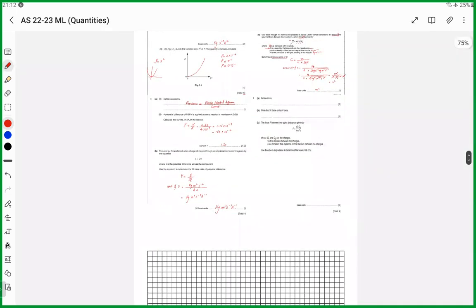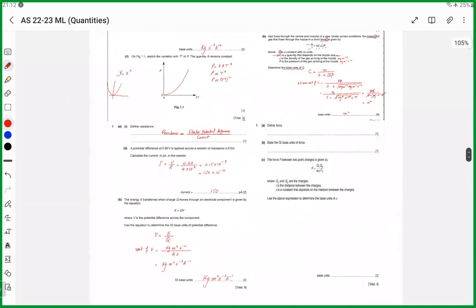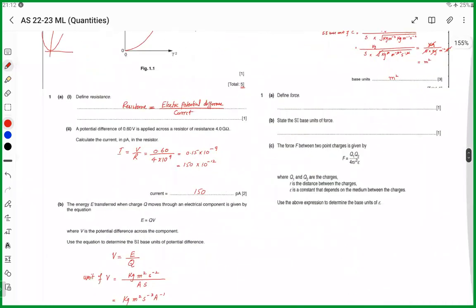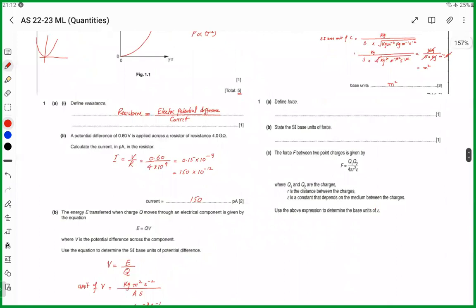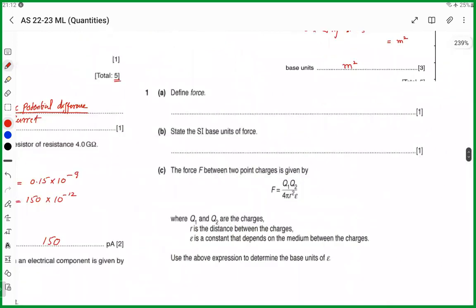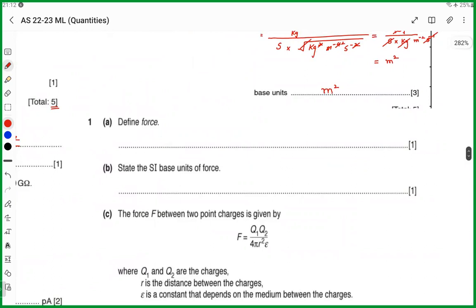I guess we have only one question left now. Let's see. Define force. Rate of change of momentum is net force.